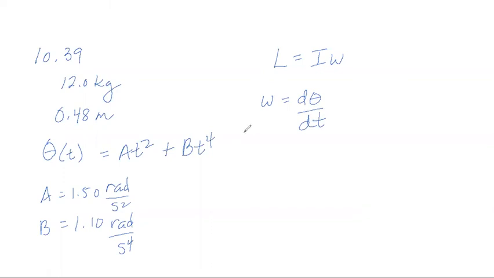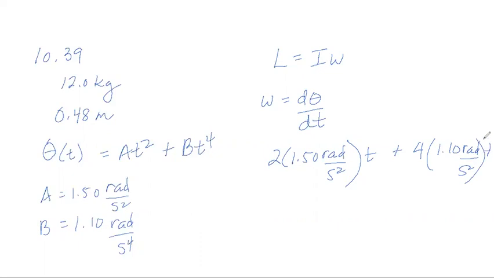So we're going to get 2 times 1.50 radians per second squared times t plus 4 times 1.10 radians per second to the fourth times t cubed, at 3 seconds.